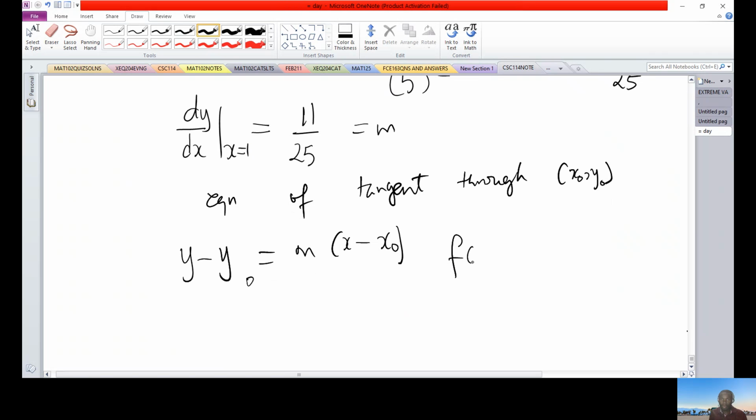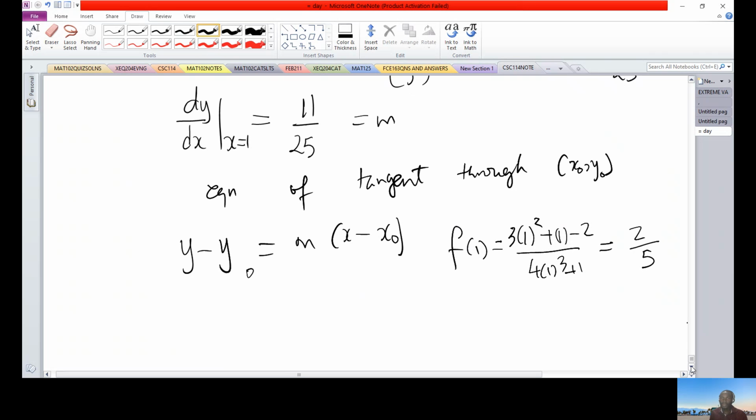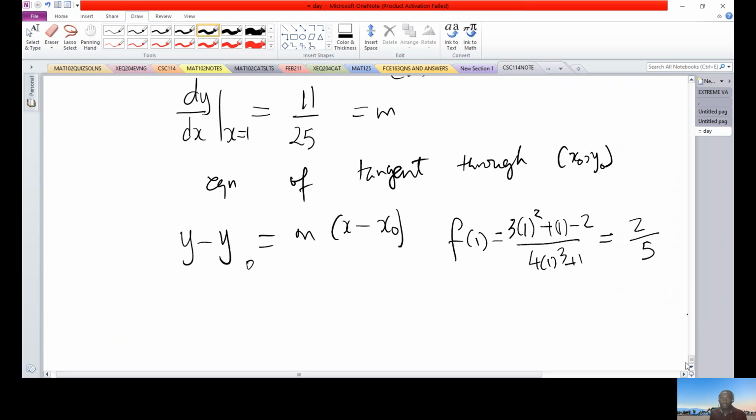So f(1) will be given by (3 times 1 squared + 1 - 2) over (4(1) cubed + 1). So 3 + 1, that's 4, minus 2, that is 2, over 4 + 1, that is 5. So therefore y0 is 2 over 5.